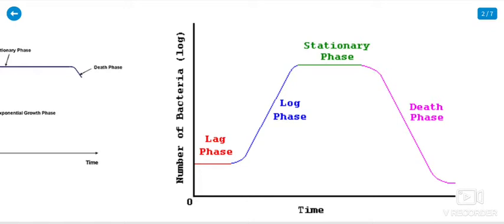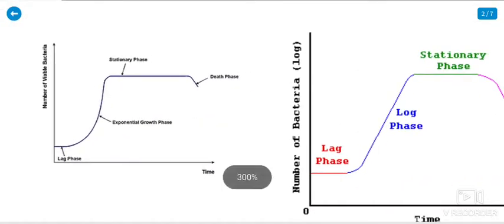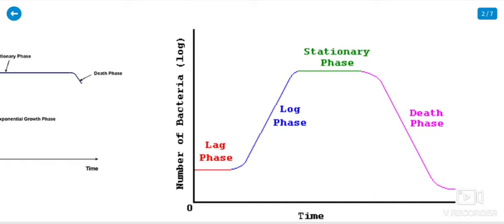So 1, 2, 3, 4. We see lag phase, log phase, exponential growth phase. Then the stationary phase is where growth stops, and finally it goes to the death phase. Once again I repeat: lag phase, log phase, stationary phase, death phase.